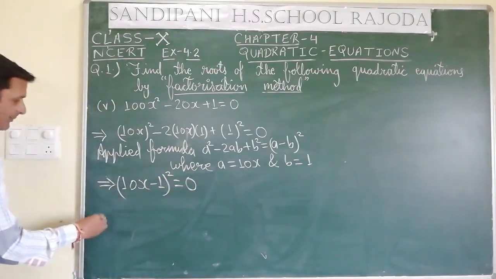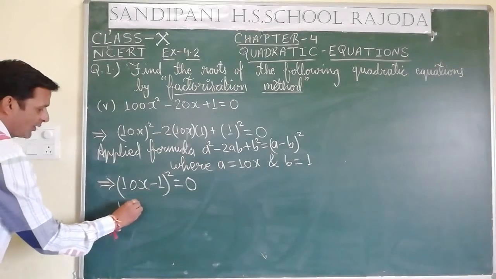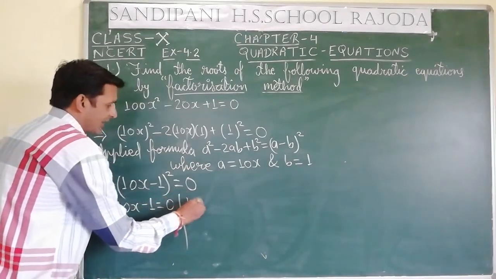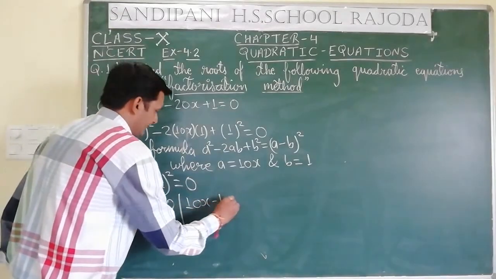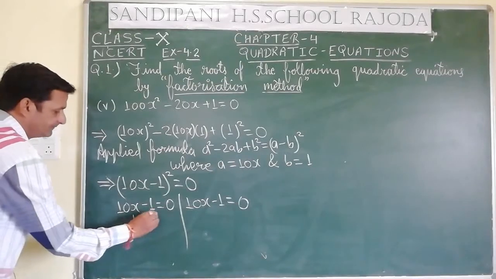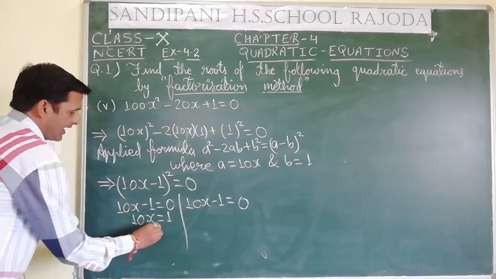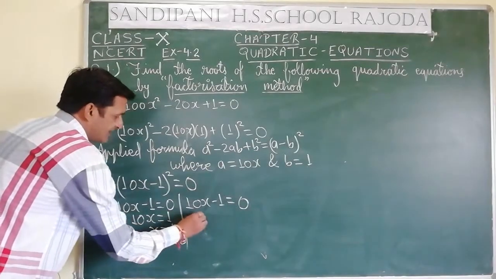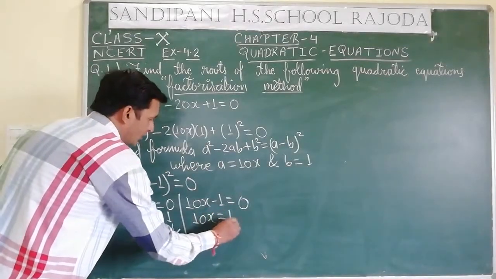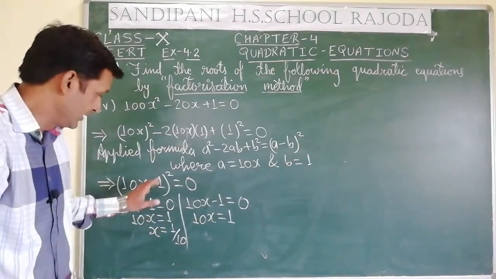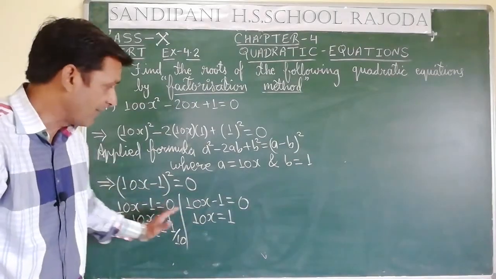You may write it repetitively: 10x minus 1 is equal to 0, or again 10x minus 1 is equal to 0, because here it is a square. So 10x is equal to 1 and x is equal to 1 by 10. Again 10x is equal to 1, because the negative 1 will become positive 1 on transposing to the RHS.